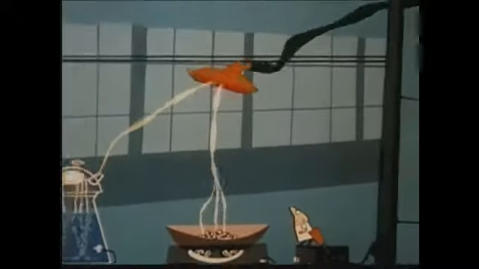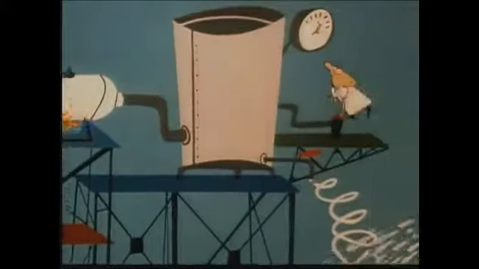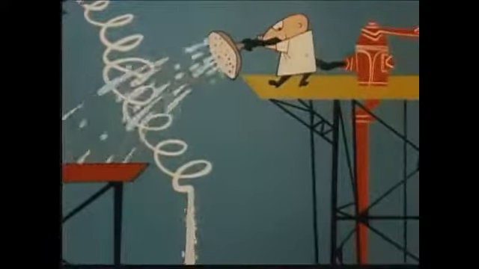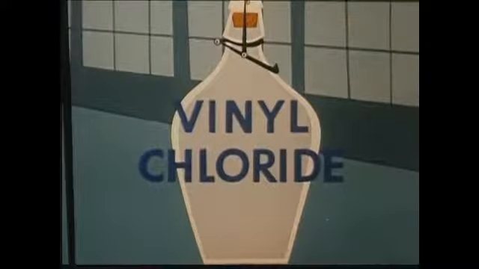These two gases are then combined in turn, heated, compressed, and cooled, and thus converted to liquid form. The result? Vinyl chloride. A single drop contains literally billions of molecules in a seething, chaotic world of their own.